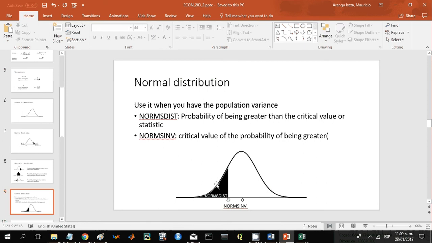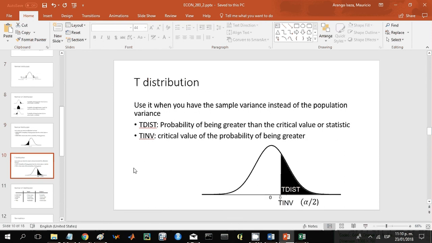So you plug the statistic or the critical value, and it's going to give you the probability of being less than that number. For the inverse, NORM.S.INV, normal standard distribution inverse, you plug the probability and it's going to give you the critical value. So it's the other way around.